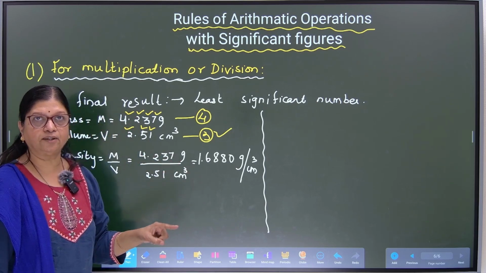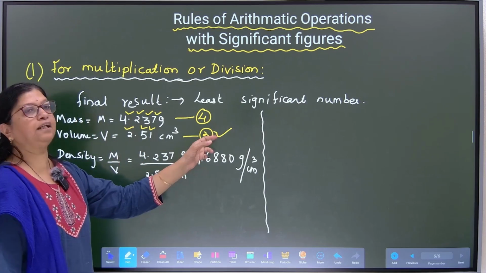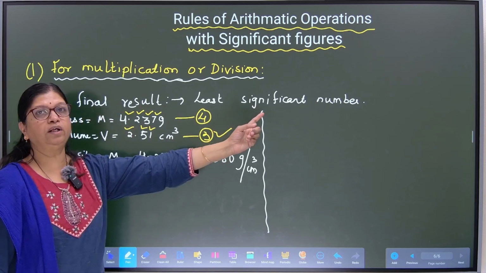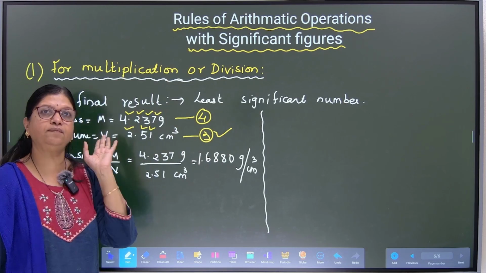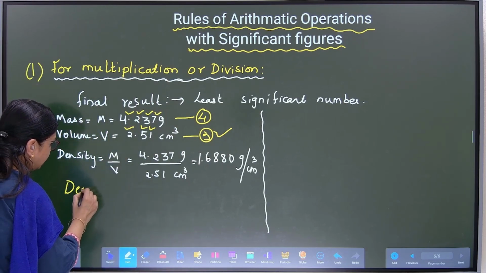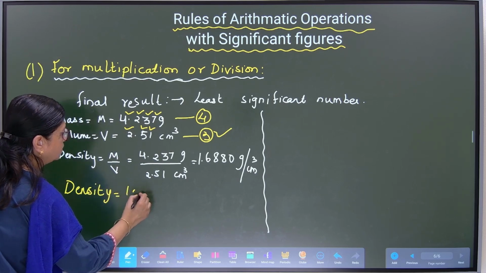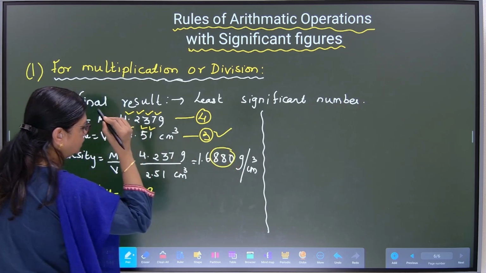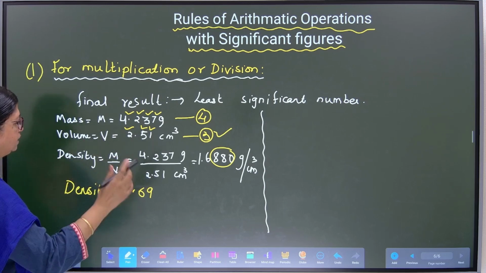That answer should be reported with 3 significant figures as per the rule of least significant figures or numbers after division. So I write density equal 1.69. I rounded off these 3 digits to 9. How to round off? That is also a rule that we will do in the next section.